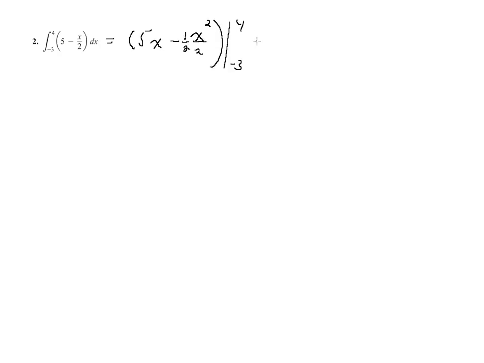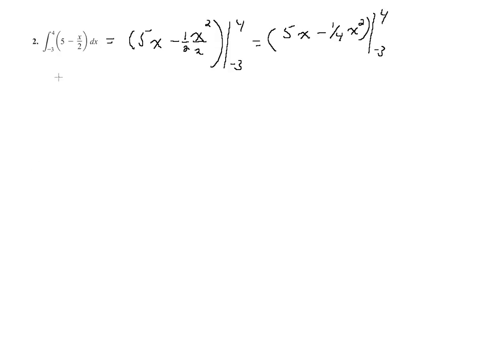I'll clean that up a little bit. You have 5x minus 1/2 times 1/2 is 1/4 x squared, and then we evaluate it from -3 to 4.